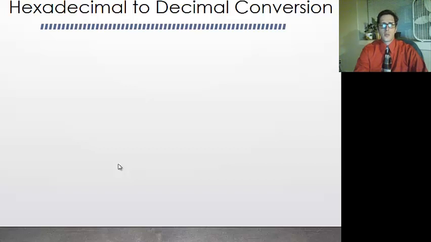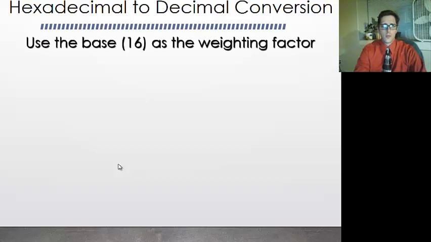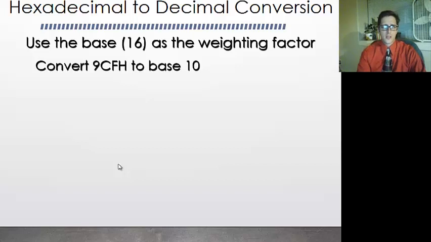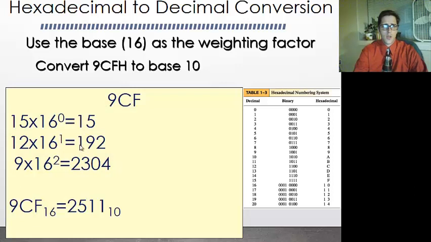So let's do a hexadecimal to decimal conversion. Remember, you use the weighted base as a weighting factor, and our base is 16. So we're converting 9CF hex to base 10. What we do is multiply each one out. The least significant digit is right here.